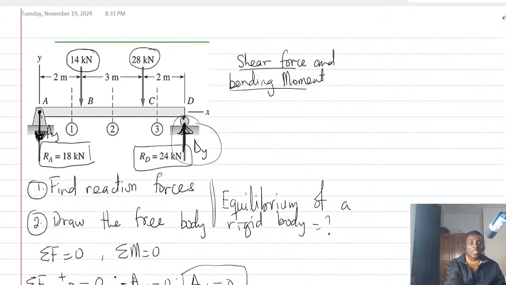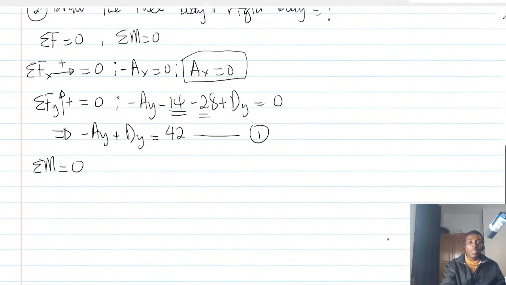We can either stand at A or D, so I want us to stand at A and take moment about A. Clockwise is positive. That is a convention.